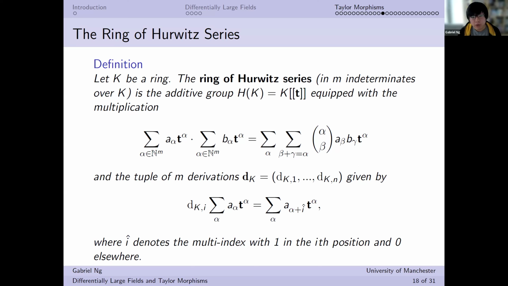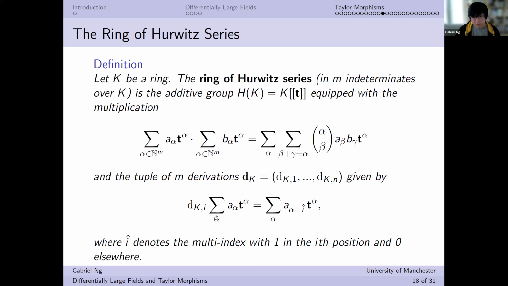And the benefit of doing this is that you have a very simple differential structure on it. So this ring of Hurwitz series is naturally equipped with a tuple of m derivations, which we denote by d_k. And this is given precisely by shifting the indices.